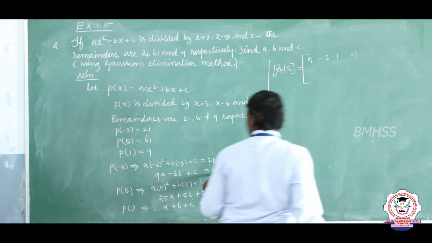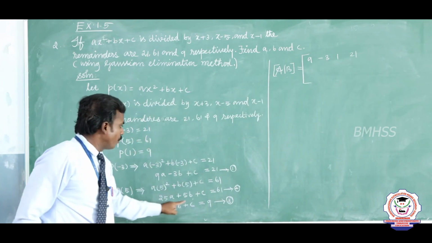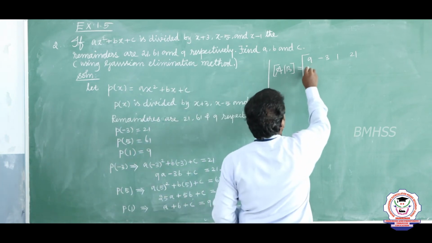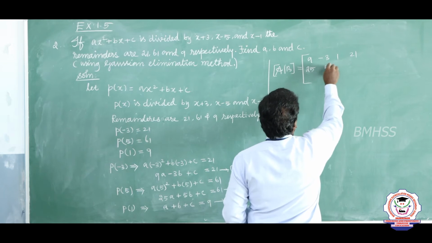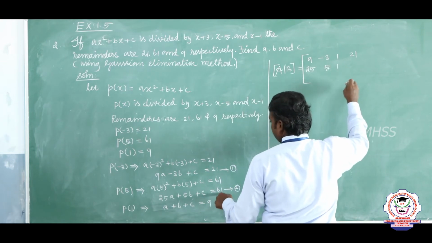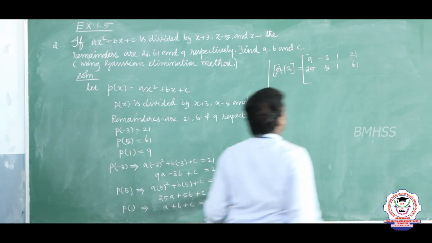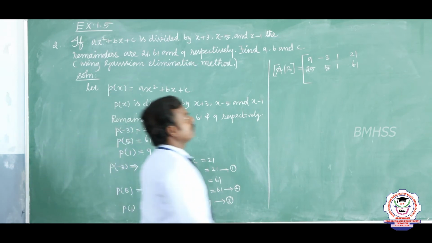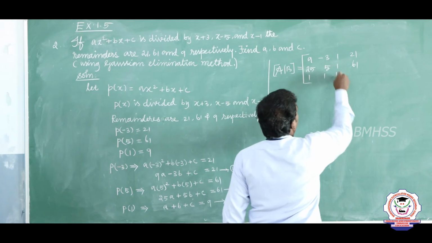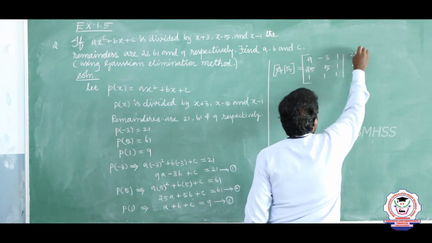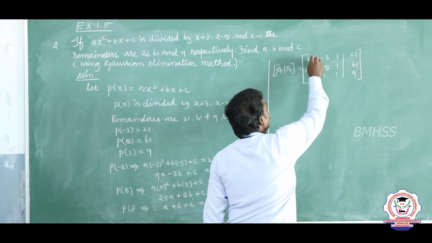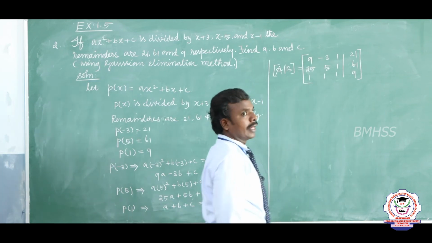From the second equation: 25, 5, 1, 61. From the third equation: 1, 1, 1, 9. Are you all clear?